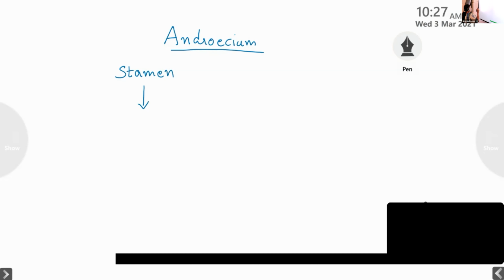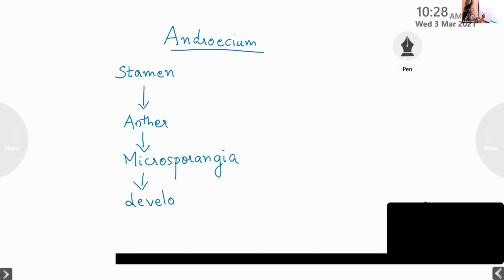Inside the anther, we have microsporangia, and four are there. These microsporangia develop into pollen grains.